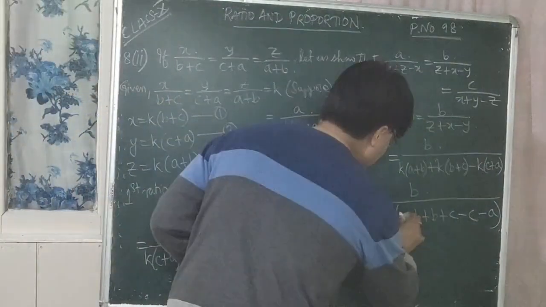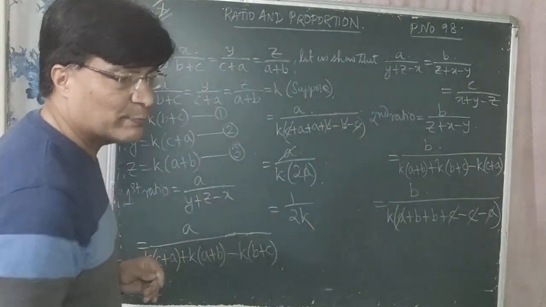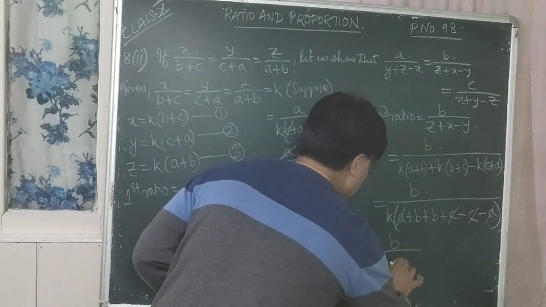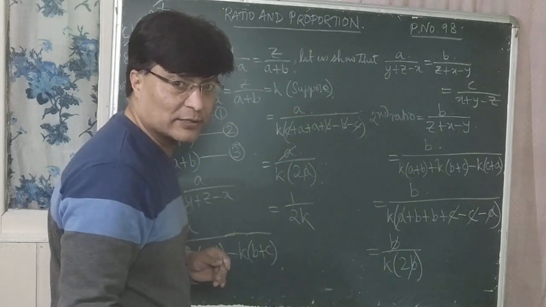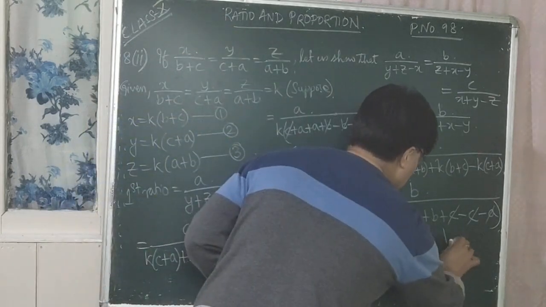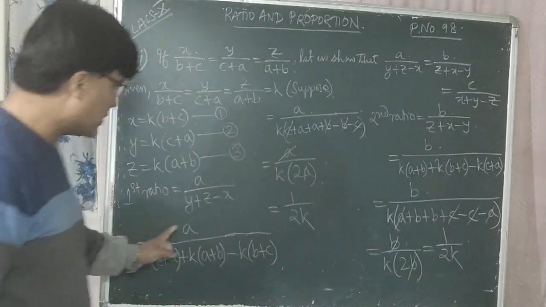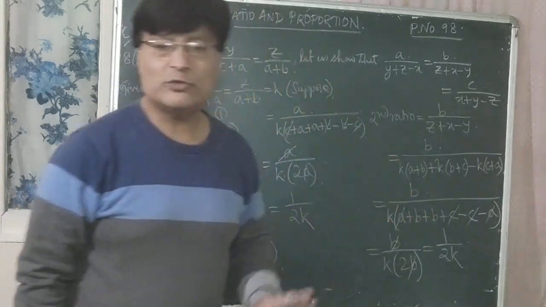So you can cancel here plus a minus a, plus c minus c. So it is b plus b is what? It is 2b. So is equal to b divided by k into 2b. So here b and b get cancelled. So what do we get? It is also 1 upon 2k. That is, first ratio is equal to 1 upon 2k, second ratio is also 1 upon 2k.